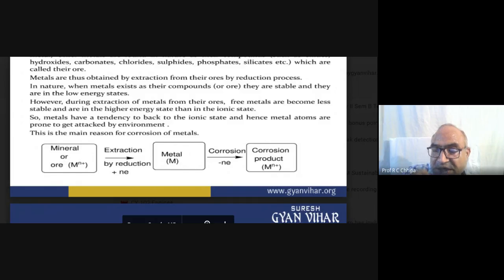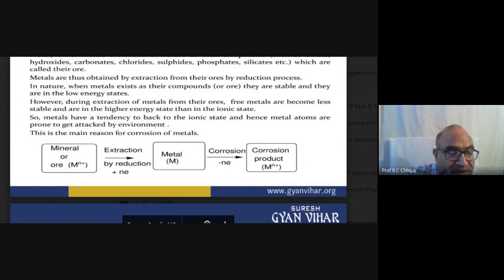So reduction is when minerals or ores undergo the process of metal extraction. So the metal extraction process is the reduction. But what happened? In nature, on the earth, that particular metal is extracted, but when this is in the open, in the environment, it undergoes the process of oxidation.